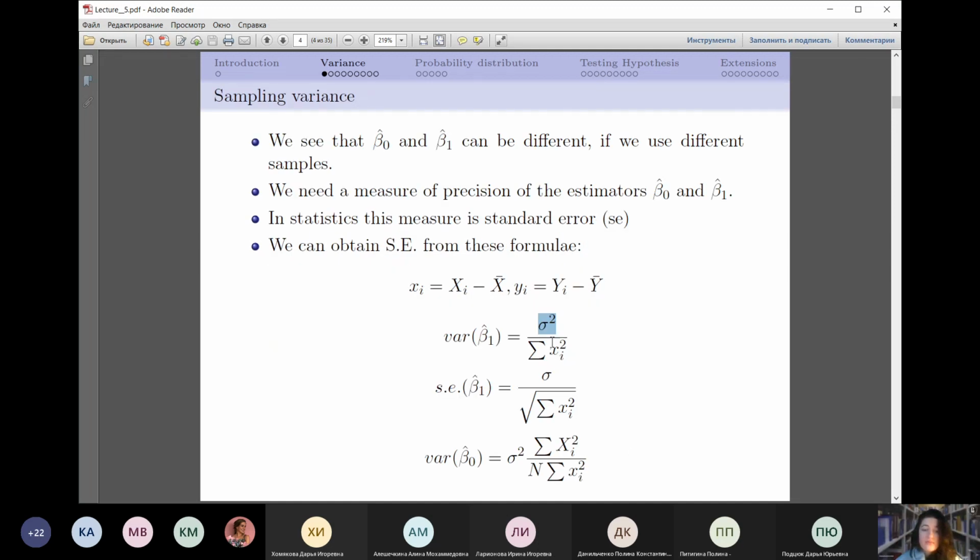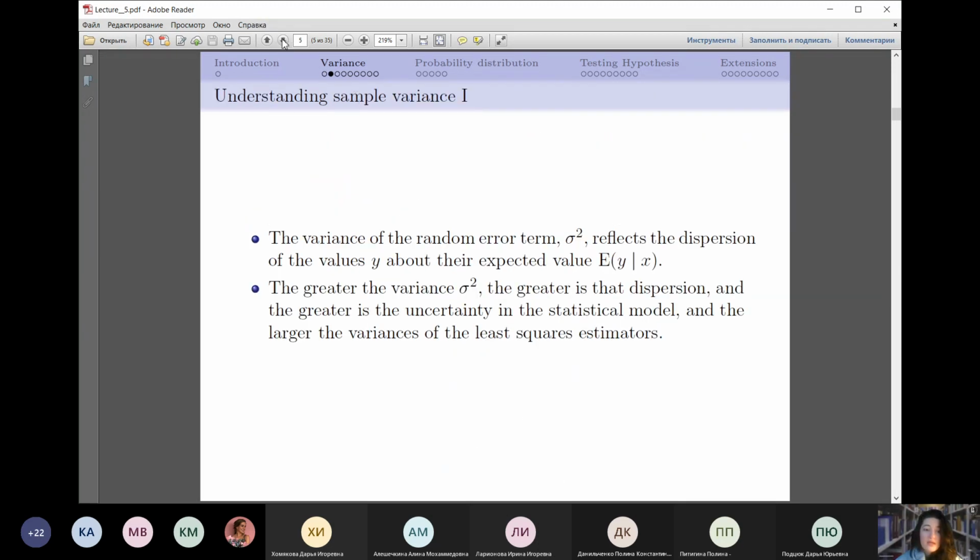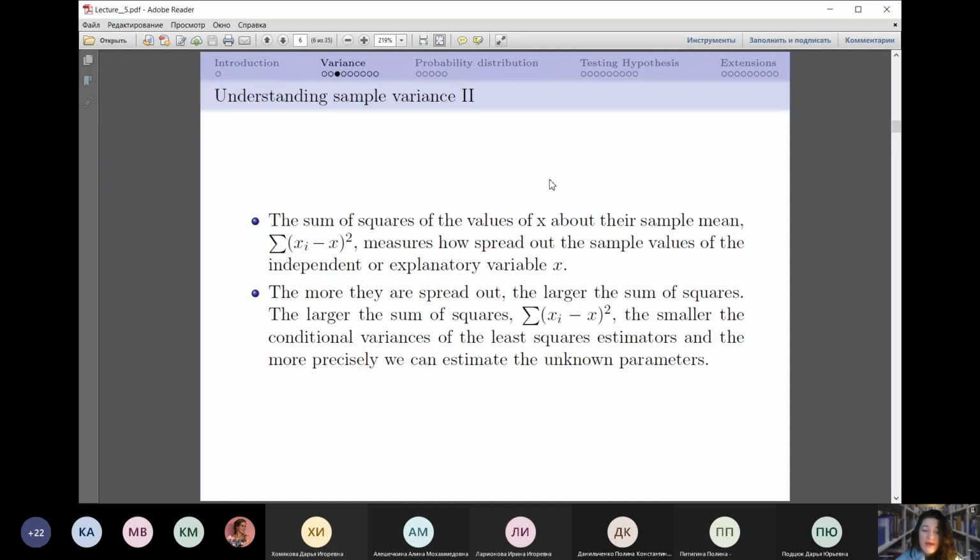The second term from these formulas is the difference between observed x and mean x. If we talk about the independent variables, we prefer more variability in the independent variable, because as the variability in x increases, the variance of our slope decreases, since this term is in the denominator.